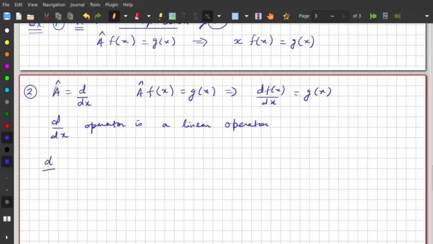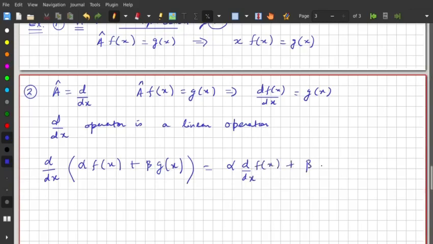Like if you know from our basic understanding of derivatives of functions, if we want to take the derivative of a function, let's say alpha times f of x plus beta times g of x, this is exactly the same as alpha times the derivative of f of x plus beta times the derivative of g of x.